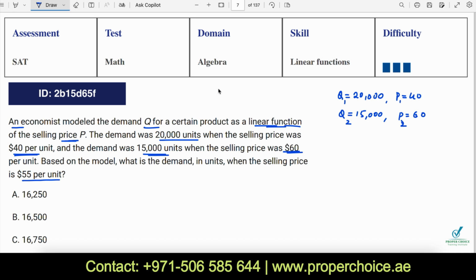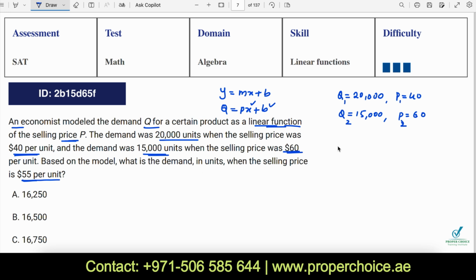You have to create a function in this way, y equals mx plus b, or I can also write it as Q equals m times P plus a constant. By making use of this, find the slope and the y-intercept, so that in that equation you can substitute values of P to predict the value of Q.